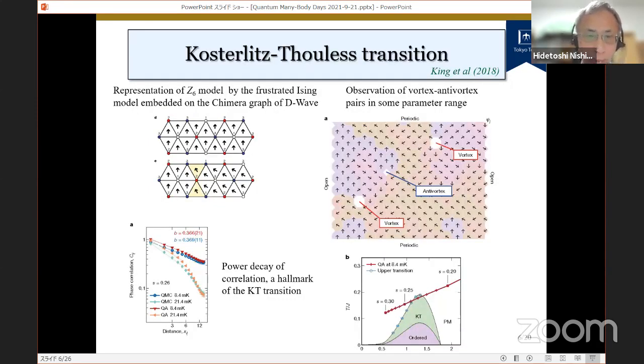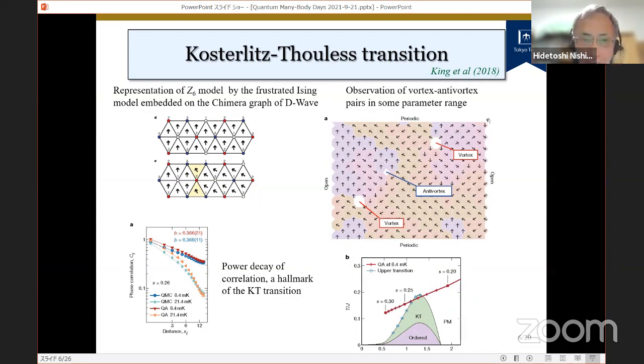As probably many of you know, the Kosterlitz-Thouless transition is a prototypical topological phase transition in 2 dimensions. On the 2-dimensional lattice, there exist XY spins which can point to continuous directions on the plane. And those XY spins interact with each other by ferromagnetic interactions.